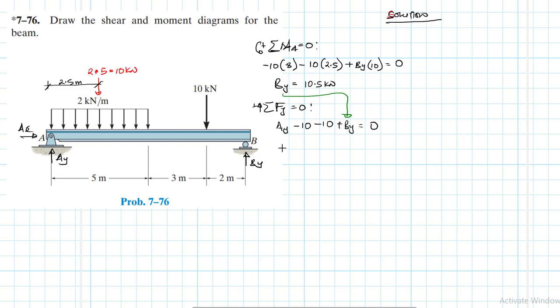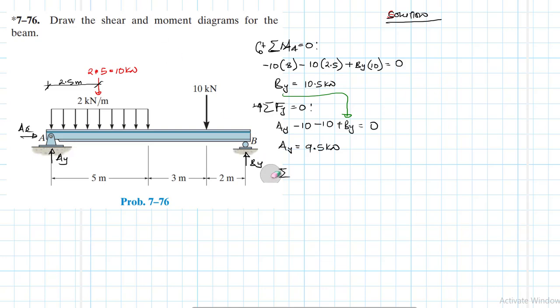So what we just need to do is to find Ay. Ay will be equal to minus 10 plus 10.5, right? So this gives us 9.5 kilonewtons.